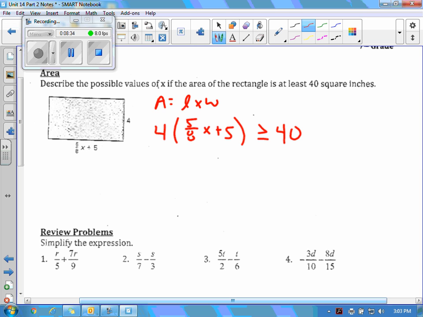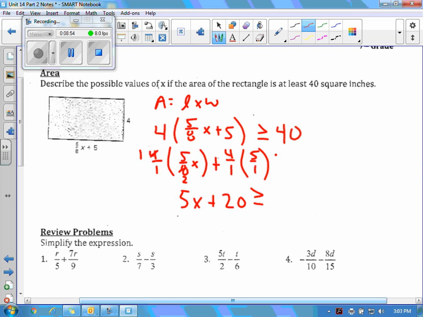So here I'm set up to do distributive property. So I'm going to do 4 over 1 times 5 over 8x plus 4 over 1 times 5 over 1, or just 4 times 5. So when I do that, 4 becomes 1, 8 becomes 2, so I get 5x plus 20 greater than or equal to 40.